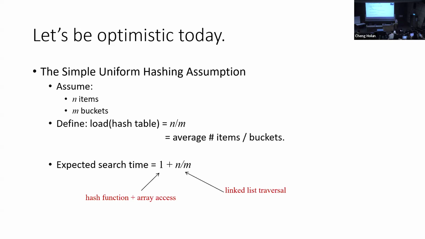And if you assume the hash table size is bigger than n, which usually we do, then we have constant time because n over m is less than 1. So that is the result. We can achieve O(1). In fact, this linked list implementation is similar to the current hash map in Java and C++. We'll talk about that later.